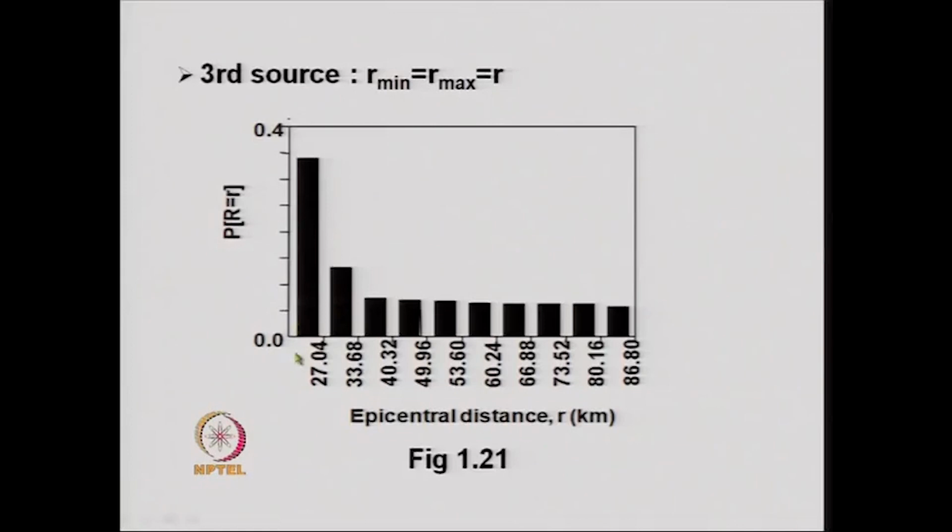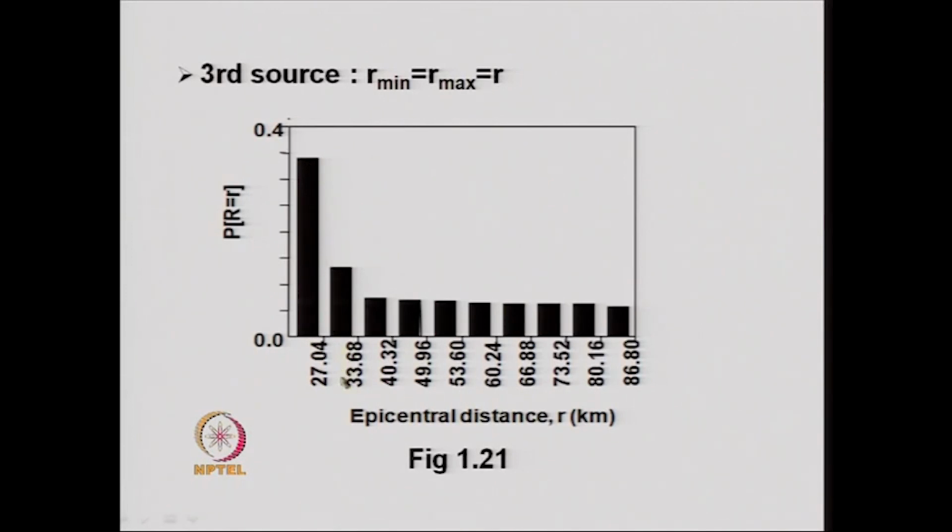So here, for example, for the first source, the probability of occurrence of earthquake with epicentral distance of 27.04 is about 0.336.